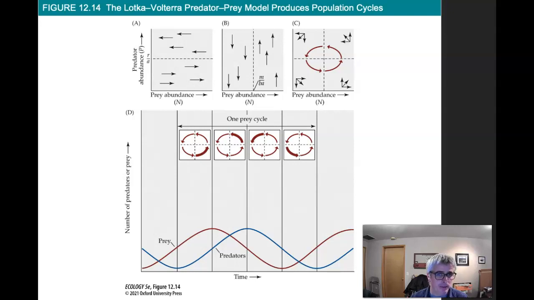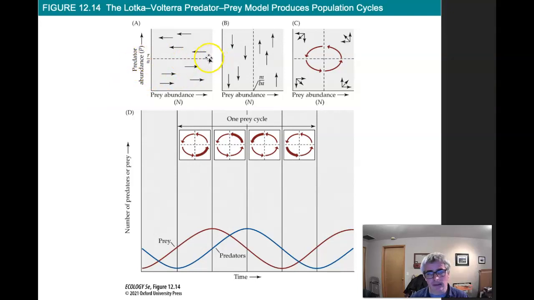The prey population decreases if P is greater than R over A, if the predator abundance is greater than the rate of increase for the prey divided by capture efficiency. And if the number of predators is below this line, prey increases.